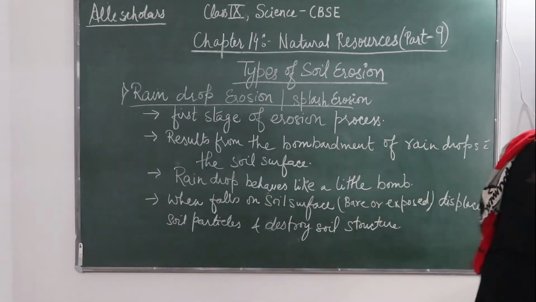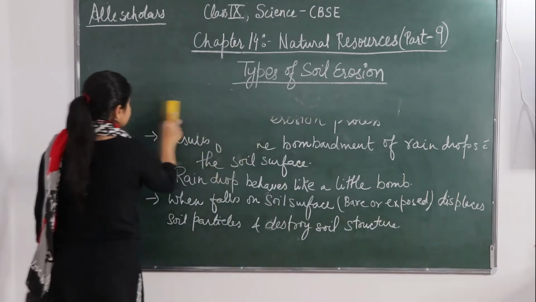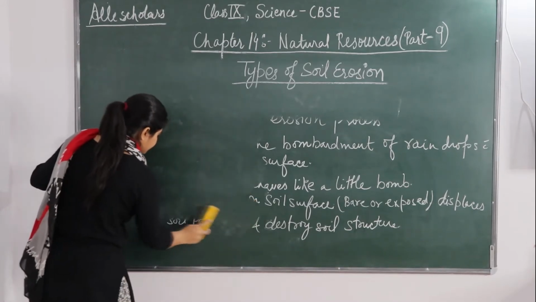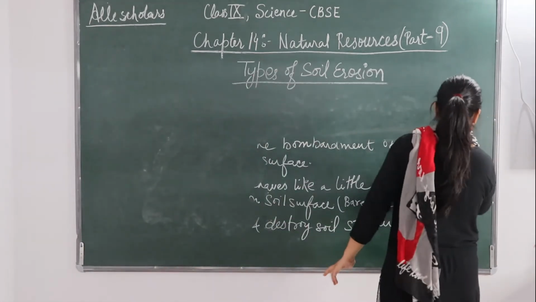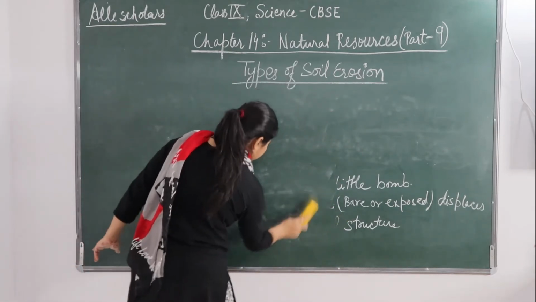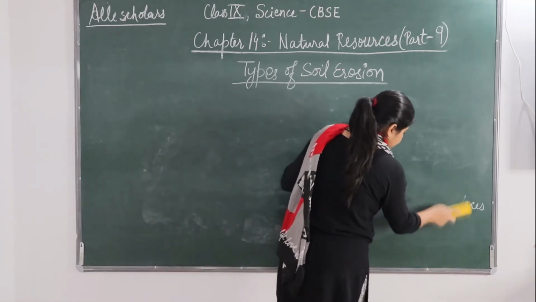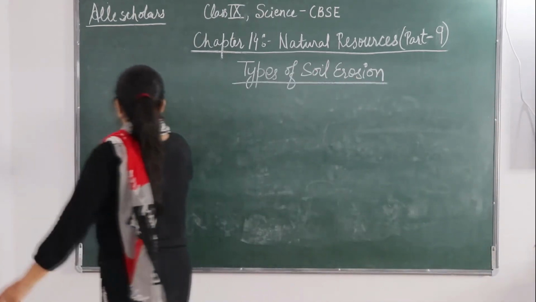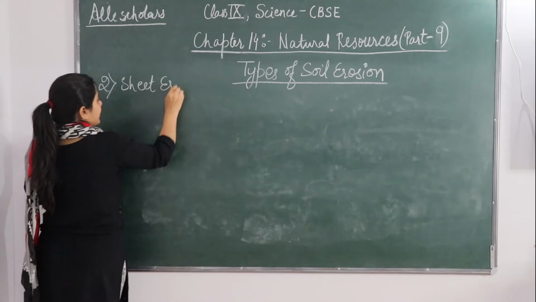Okay. So next we will see sheet erosion. The second type of erosion is sheet erosion.